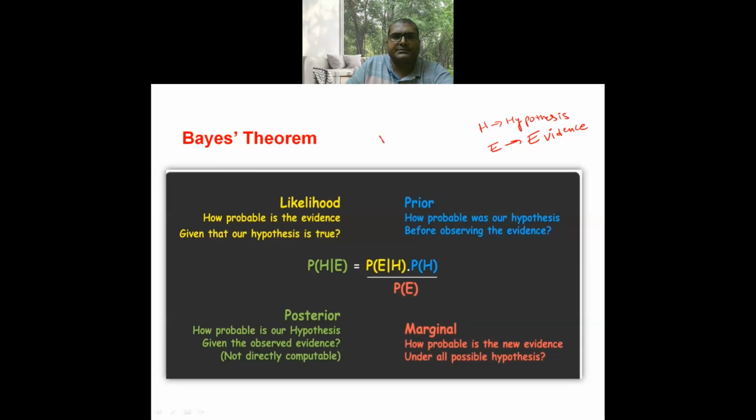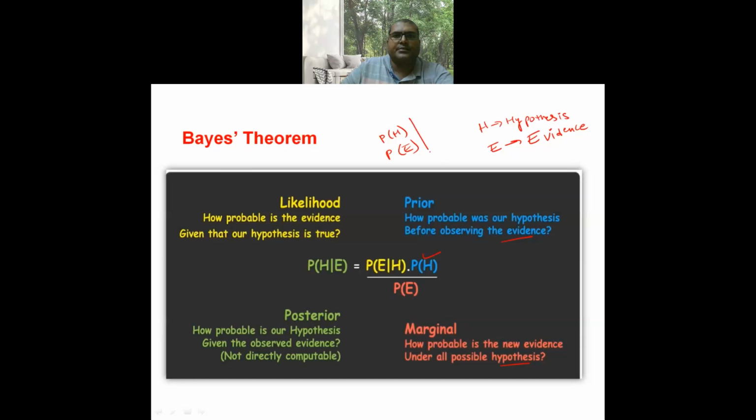The probability of H is the probability of hypothesis before observing the evidence. Probability of E is the marginal probability with new evidence under all possible hypotheses.